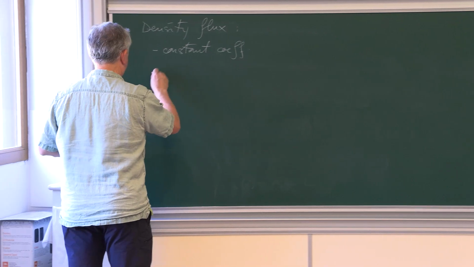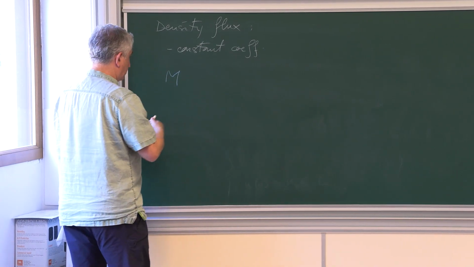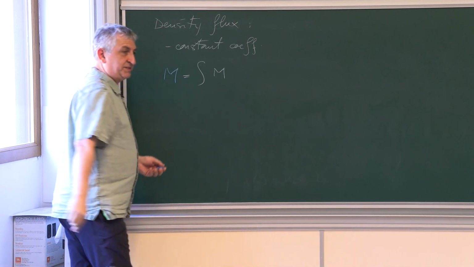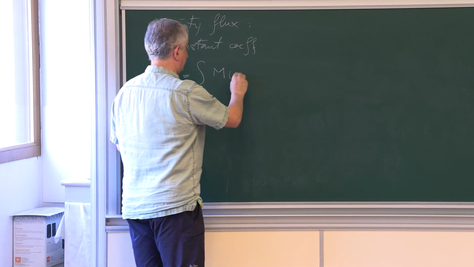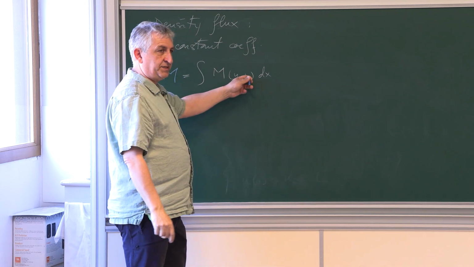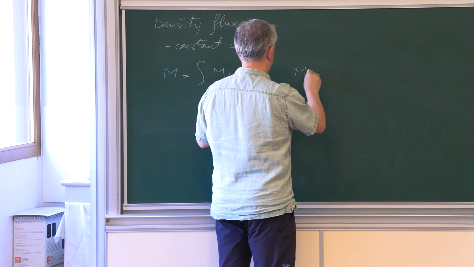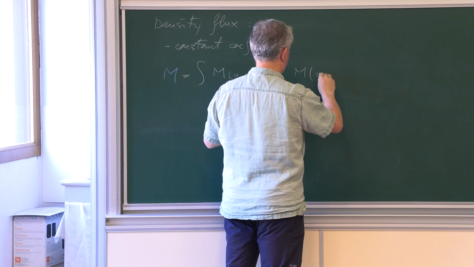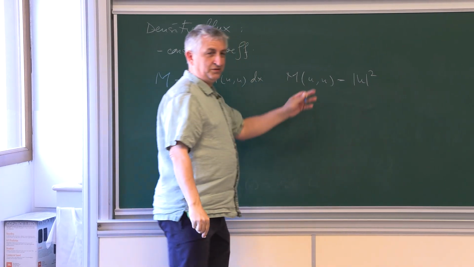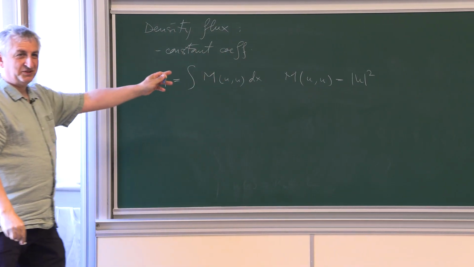So I want to think of the mass as an integral quantity, as being some integral of a mass density. All right, and the mass density would be u squared.